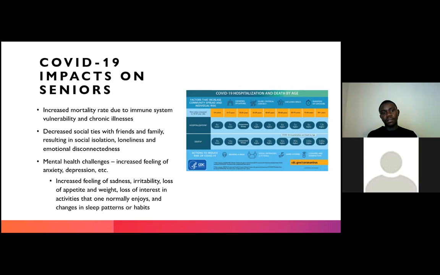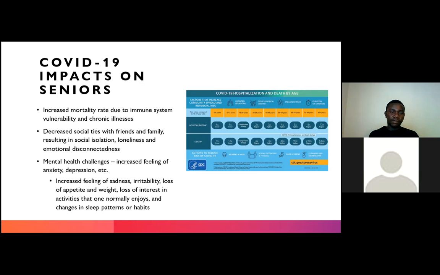And you are living with a lot of chronic illnesses, which puts you at risk of contracting a virus and making an illness that would probably be easily managed in a healthier person, but because you're older and your immune system is compromised, it becomes a very risky condition.